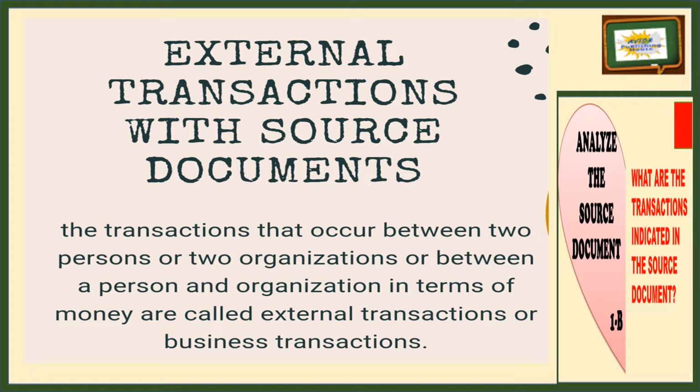If it has a source document, then that is an external transaction. External transactions are recorded on the first stage of the accounting cycle. Remember, we record external transactions first, then we record the internal transactions.